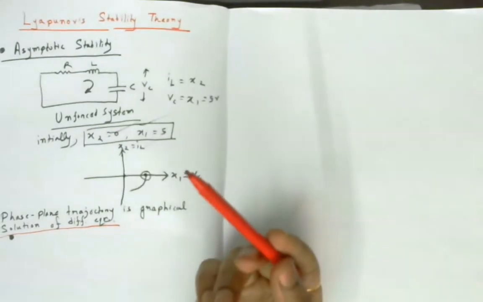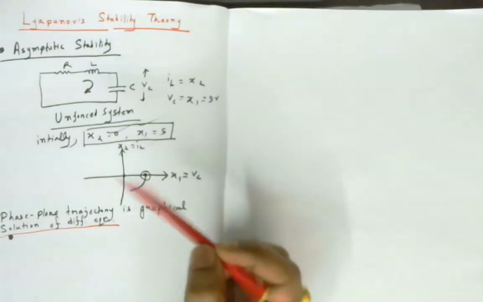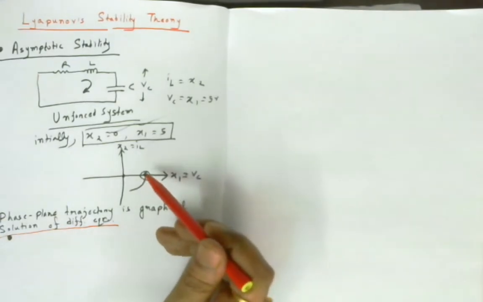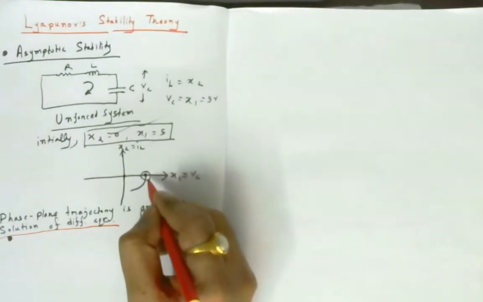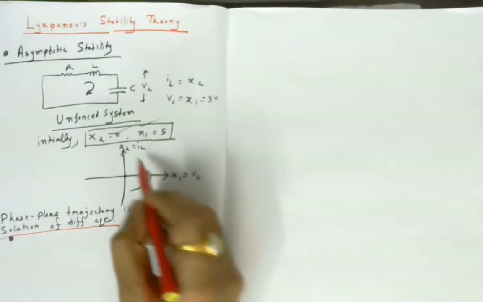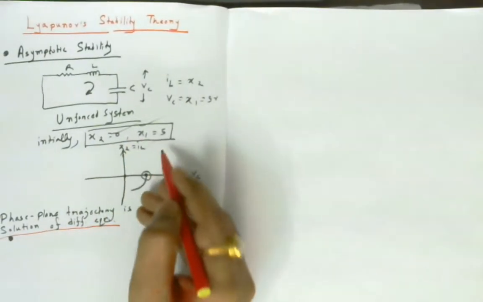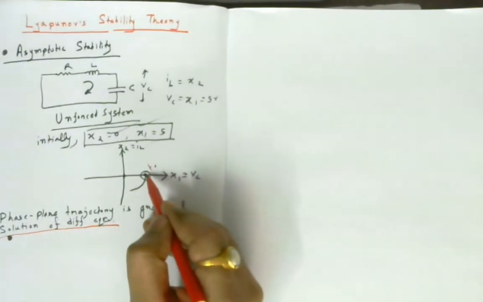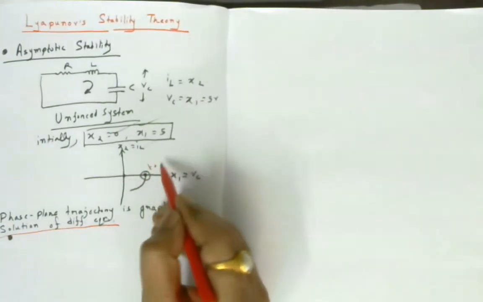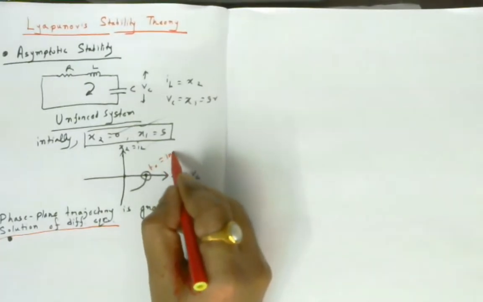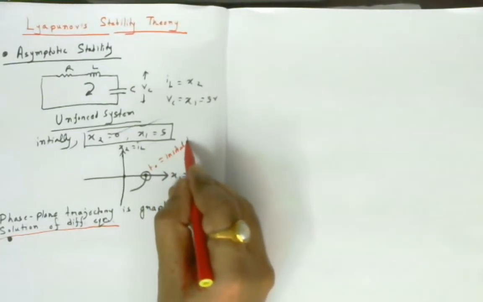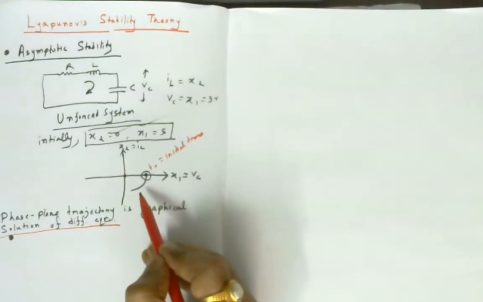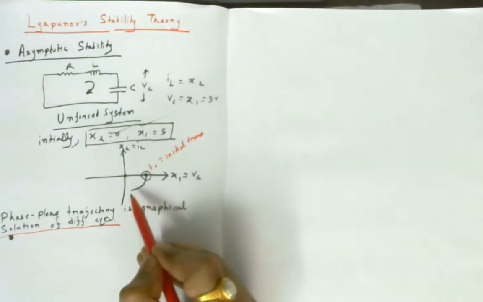What will happen to energy when time tends to infinity? From the initial condition, at the initial time, say the initial condition is x2(0) and x1 equals 5 at time t0. This time t0 is the initial time. From the initial time, when the time tends to infinity, what will happen to this trajectory?